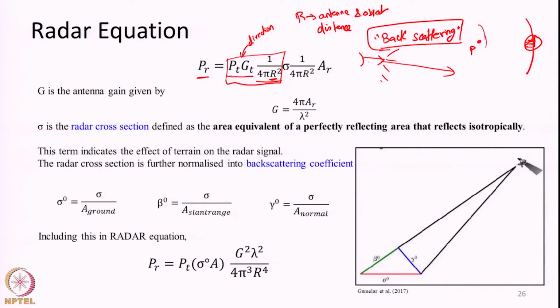The initial power that was transmitted multiplied by the gain, accounting for the spreading loss. Now, whatever power is reflected back will depend on the effective scattering area of the object, which we denote as sigma, where sigma is known as the radar cross section.